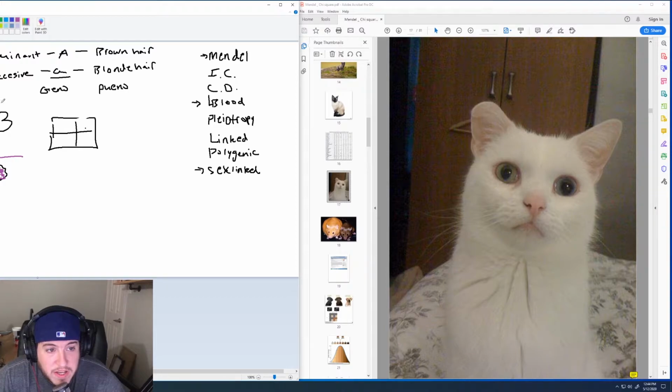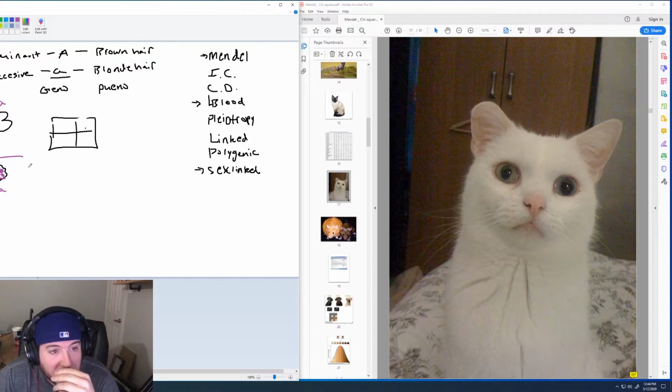We know this one has to be homozygous recessive. If this was heterozygous, then we would have some purple and some white, but we didn't. We had 100% purple, which means that we had homozygous dominant and homozygous recessive. So what that means is that we know that these guys are heterozygous.